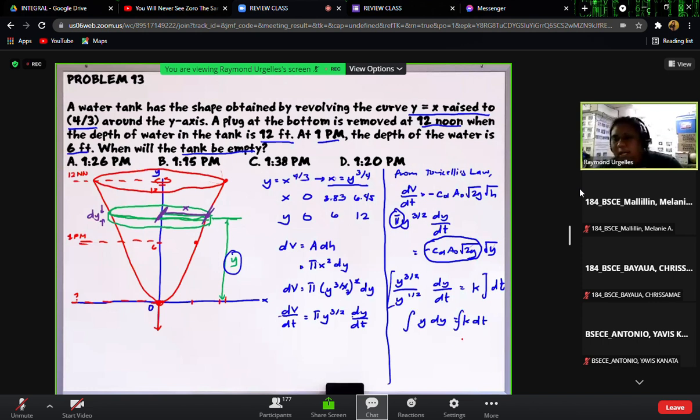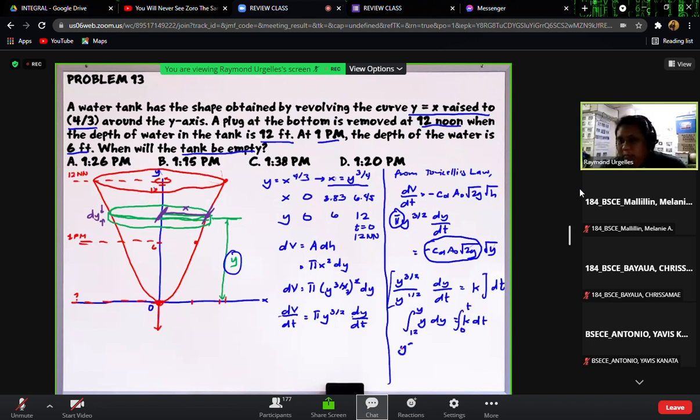Okay? So ang alam natin at this point is at t is equal to 0, yung y natin is equal to 12. Ito yung equivalent dun sa 12 feet nun natin. So then let's say at t is equal to t, yung y is equal to y.